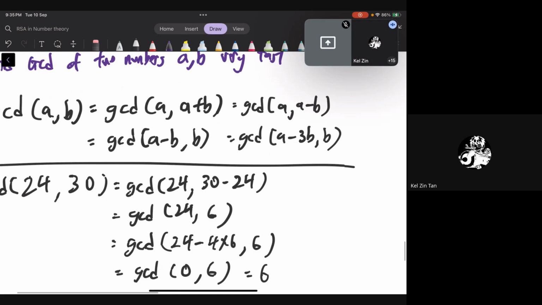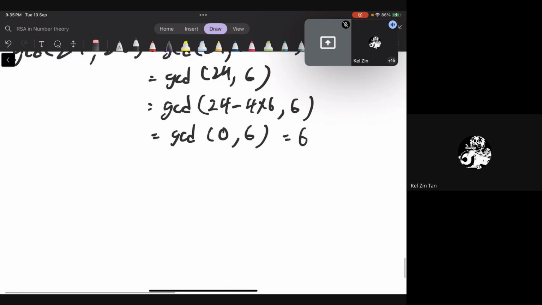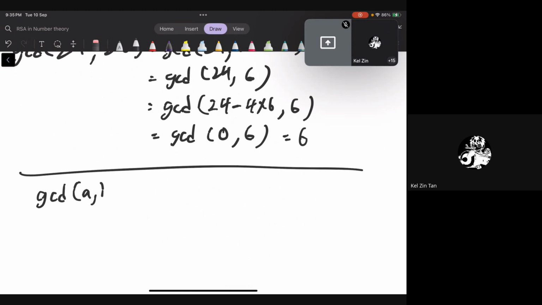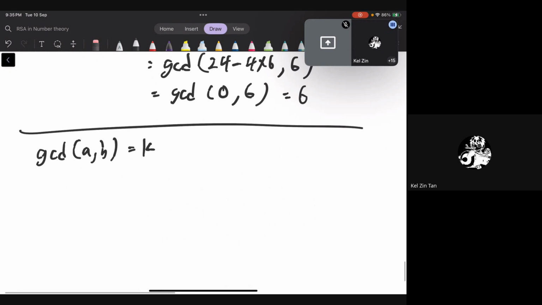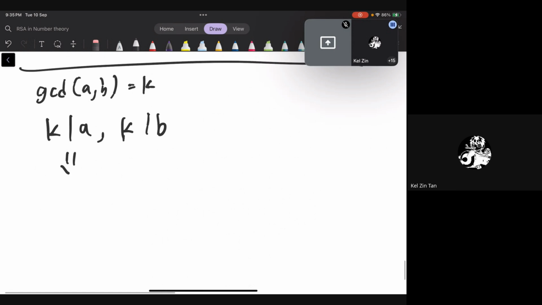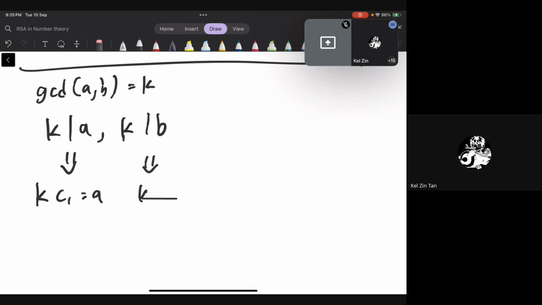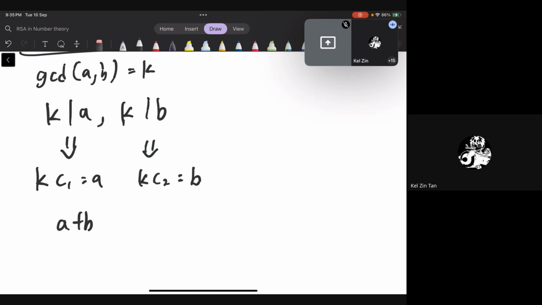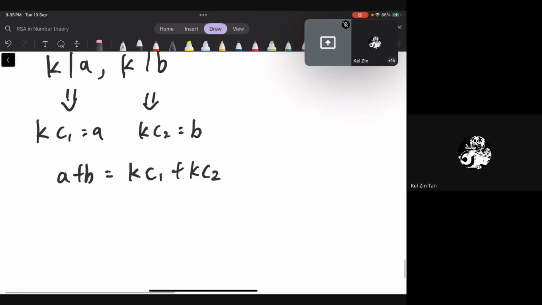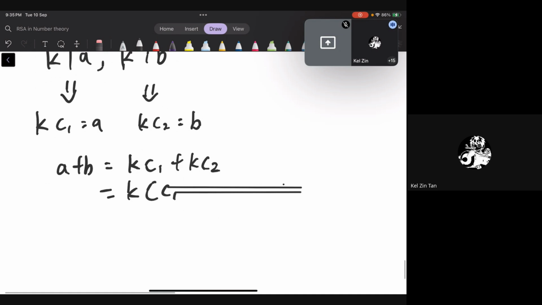Okay, so the idea is this. First, you let the GCD of A and B equal K. Then by the definition of GCD, K divides A and K divides B. So this implies that K multiplied by some C1 is equal to A, and K multiplied by some C2 is equal to B. Now let's look at A plus B. A plus B is equal to KC1 plus KC2, so this would be K multiplied by (C1 plus C2).